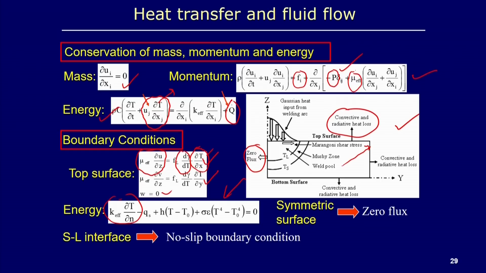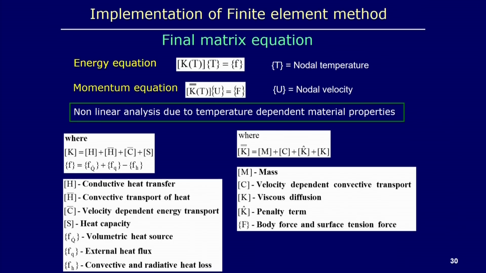So, with the boundary conditions, if we solve these governing equations along with the energy equation, we can implement it in the finite element method like this. The final matrix from the energy equation is a kind of A x equal to B form.